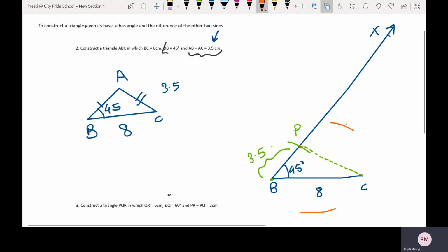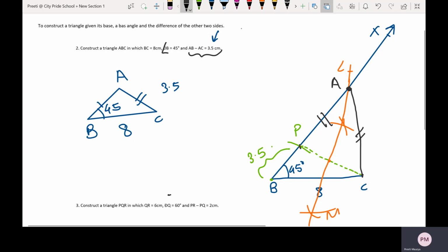Now, since LM is the perpendicular bisector of PC, children, let us consider this for the rough diagram. This is point L, this is point M. I know LM is the perpendicular bisector of PC, so any point on LM will be equidistant from points P and C. So the point we get is point A. I can say A is equidistant from P and C, or I can say AP is equal to AC.